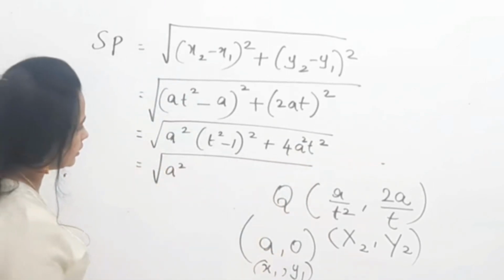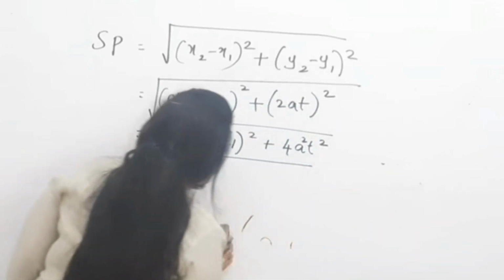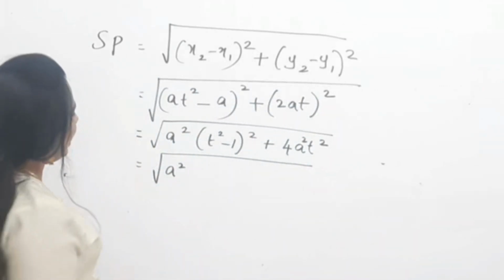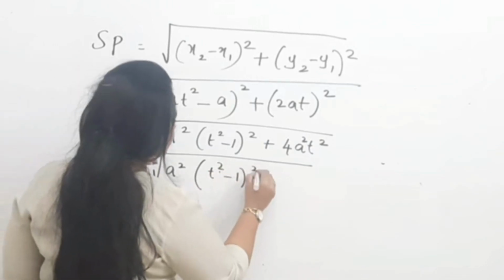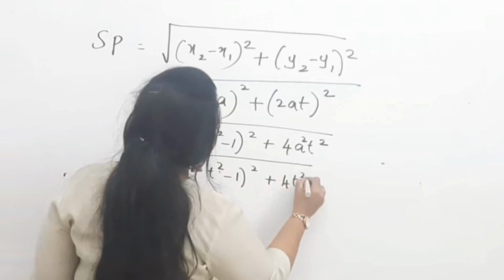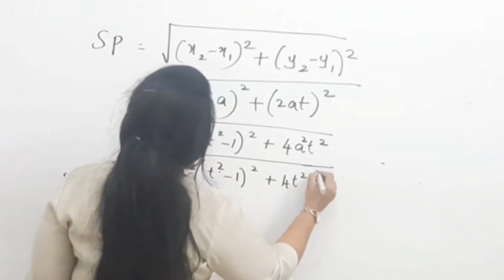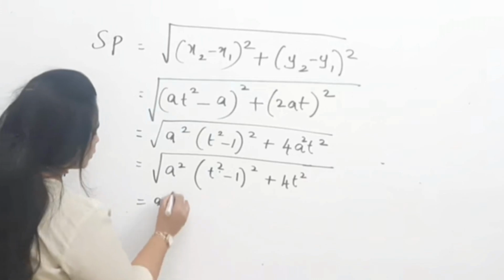I'm left with, so I would write my square later. So I need space here. So I would have my t square minus 1 the whole square plus this 4t square. So that's equal to a square is taken out of the square root.